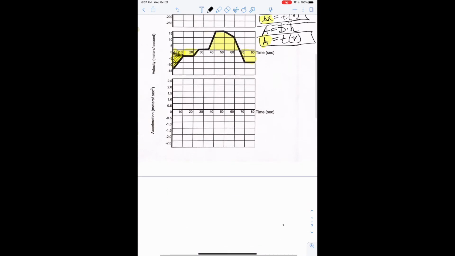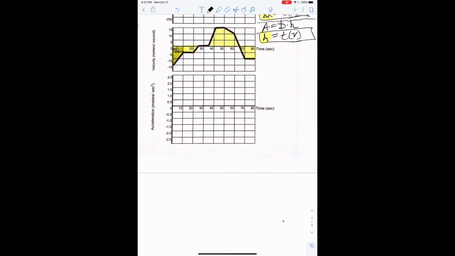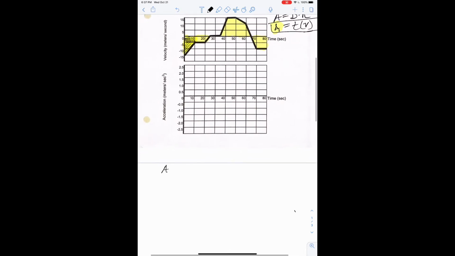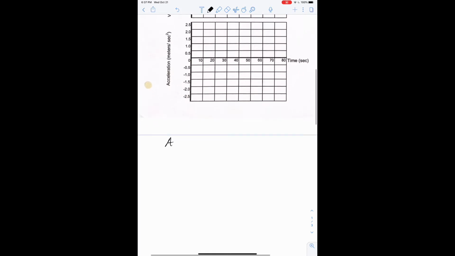Let's go ahead and take the area of that rectangle. So we said the area, I'm just going to come down here, is base times height. And so then the area is equal to the base of 10 seconds times the height of negative 5 meters per second.